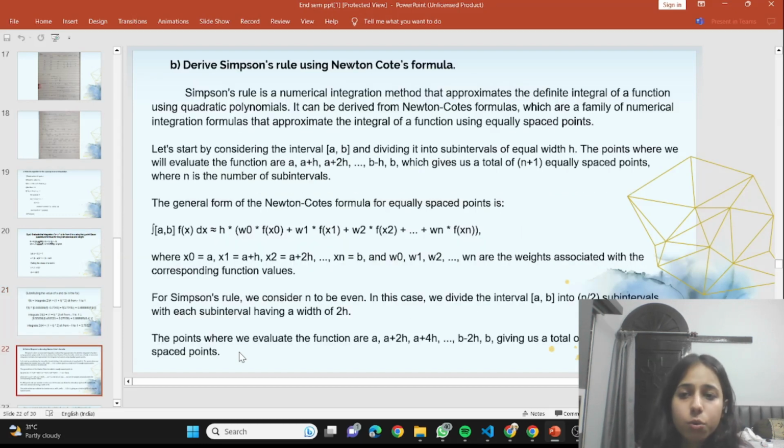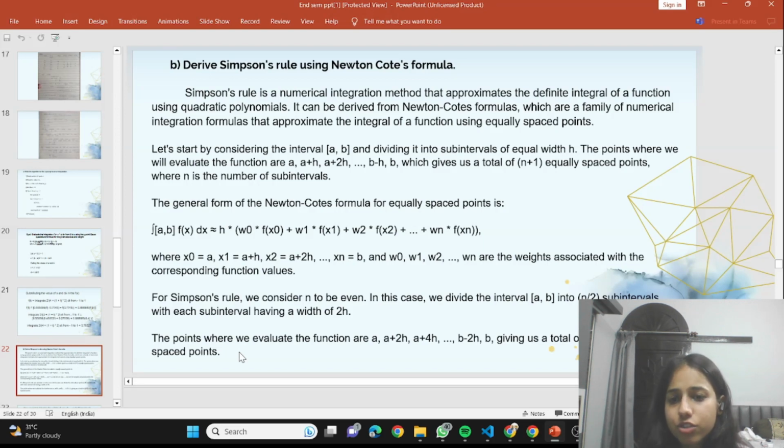And now the second question was, derive Simpson's rule using Newton-Cotes formula. Simpson's rule is a numerical integration method that approximates a definite integral of a function using quadratic polynomials. It can be derived from Newton-Cotes formulas, which are a family of numerical integration formulas that approximate the integral of a function using equally spaced points.